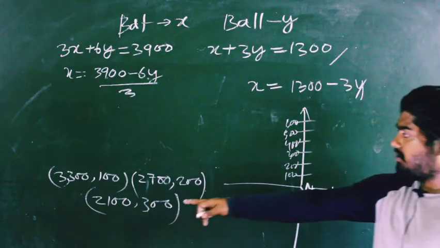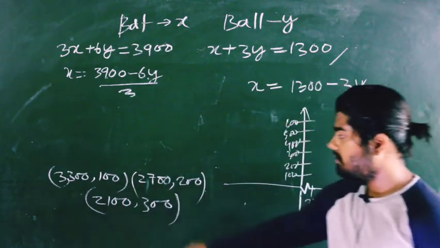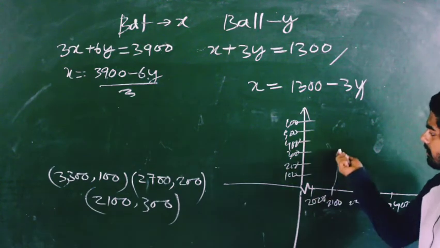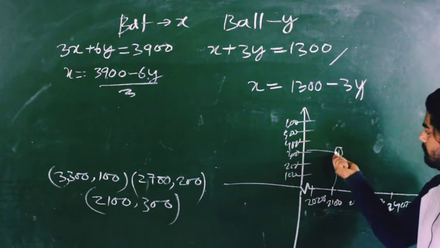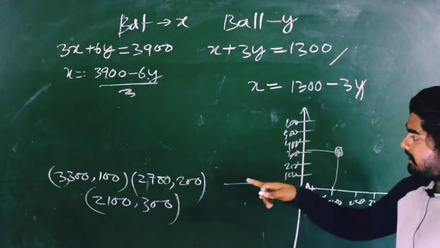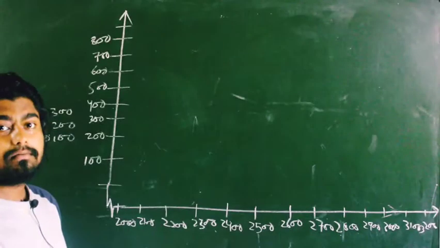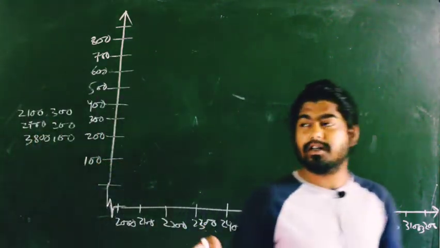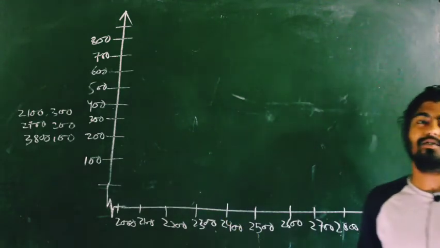So first we'll go for the lowest one. So it's 2100 by 300. So the point is somewhere here. Then we have 2700. So say it's here. The earlier graph was very small to understand, so we made it a little bigger.